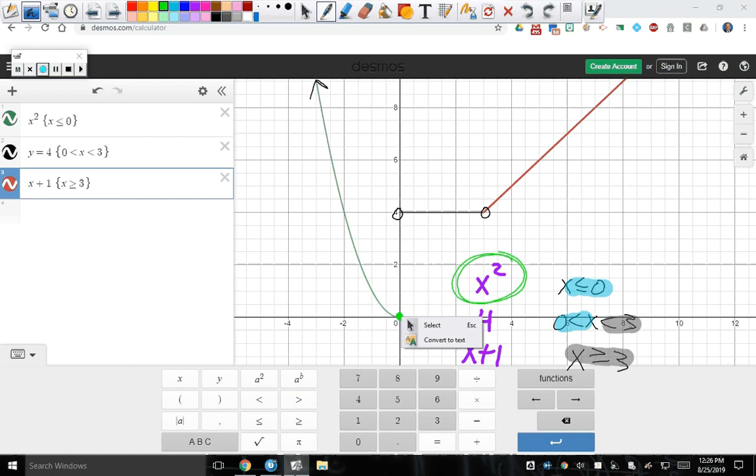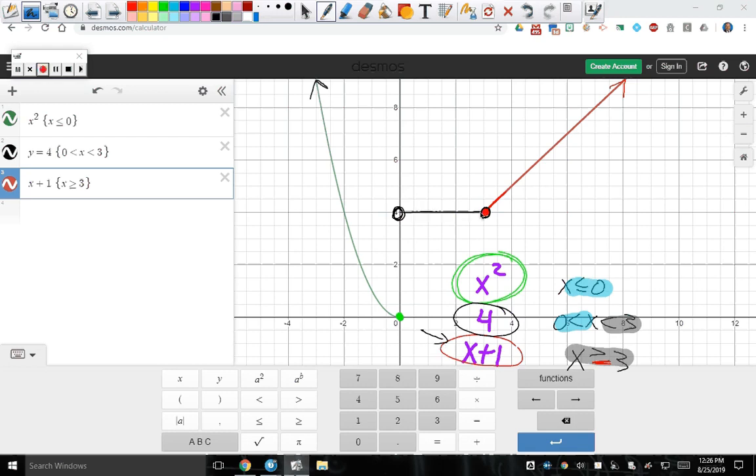And then let's use red. It was equal to 3 on this x plus 1 graph, so you would draw red here of this line going up and to the right. And then the black one in the middle is y is equal to 4. It's open at x is equal to 0. It's open at 3, but still filled in by this third function. And then this would close off.